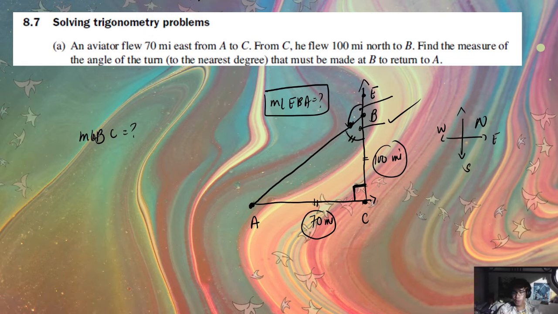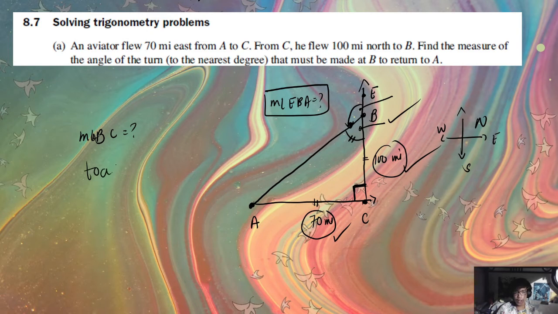Now for this problem, we are given an opposite side, which is 70, and an adjacent side to it, which is 100 miles. We're not given any value for the hypotenuse. So if there's no value for the hypotenuse, the only trigonometric ratio that we're left with would be TOA. And again, what is TOA?